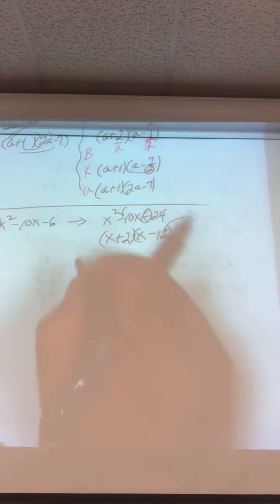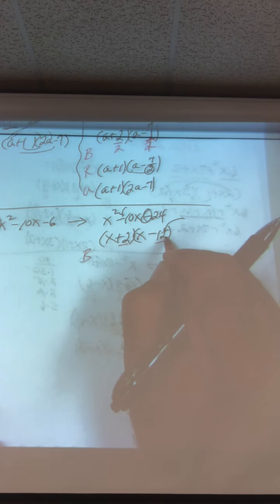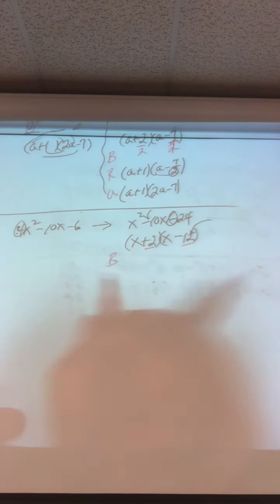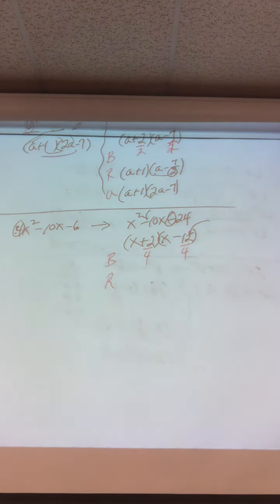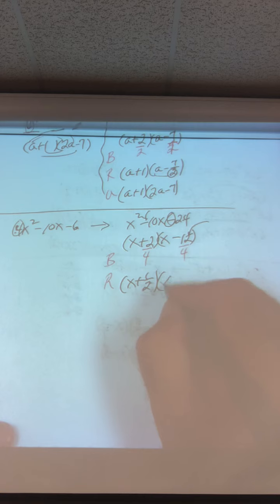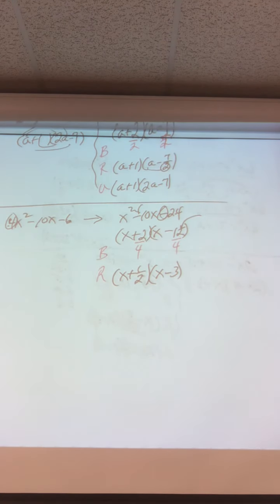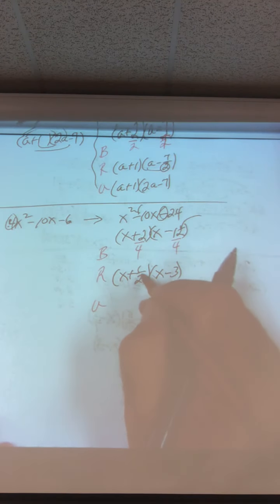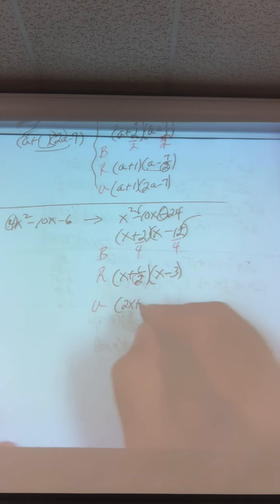Now we've got to do the Brew method. B, under the bottom of the numbers on the end, put the number that you started out multiplying by, which is 4. R is reduce. 2 over 4 reduces to a half. 12 over 4 reduces to 3. Now the letter U stands for up. Bring this number up. And so I've got 2x plus 1, x minus 3.